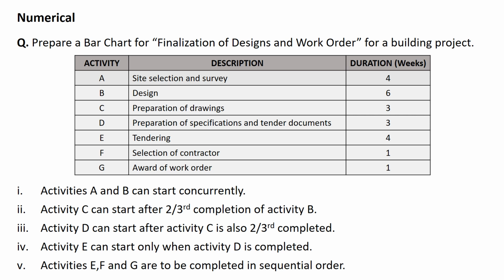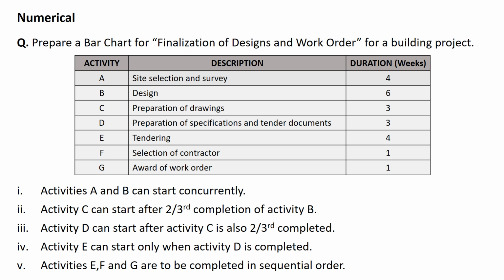Activity A is the site selection and survey. It is taking 4 weeks. Activity B is the design and it is taking 6 weeks. Activity C is preparation of drawings, taking 3 weeks. Activity D is preparation of specifications and tender documents, again taking 3 weeks. Activity E is tendering, it is taking 4 weeks.